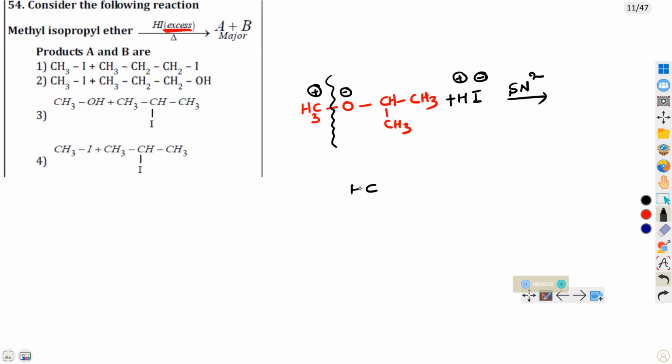Then it gives CH3I plus CH3CH(CH3)OH. What is the condition? Excess of HI. Again, it reacts with HI.